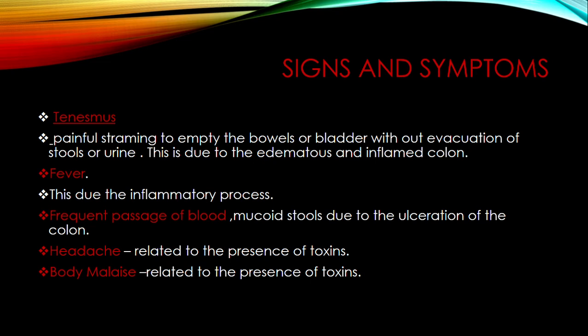They just have the feeling that they want to open bowels, but the stool is not coming out, and this is because of the edematous and inflamed colon. So there is painful straining to empty the bowels or the bladder without evacuation of stools or urine. This is due to the edematous and inflamed colon. So this is what we just talked about.